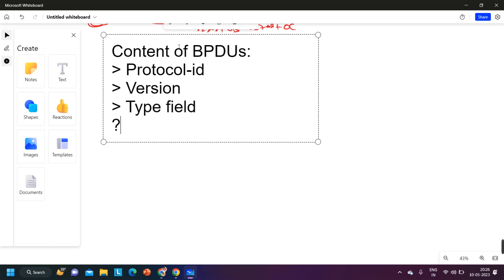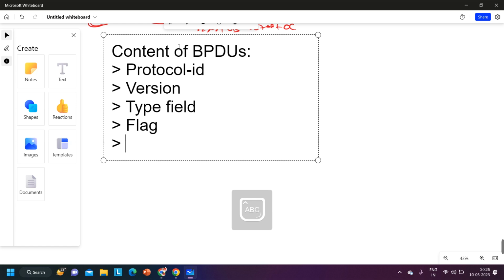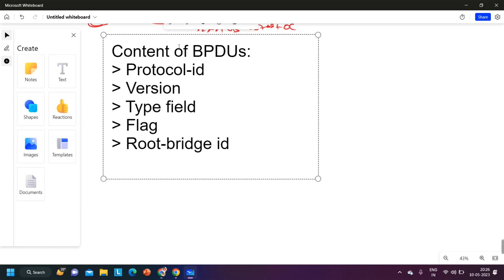Then flags, then root bridge ID. There will be information about the root bridge ID and path cost. Root bridge ID, after that path cost.